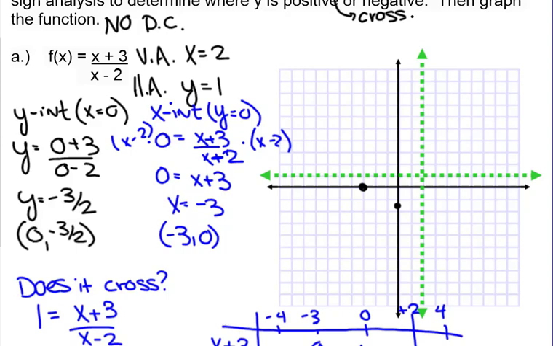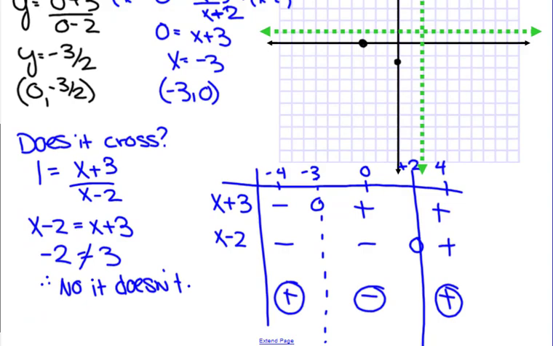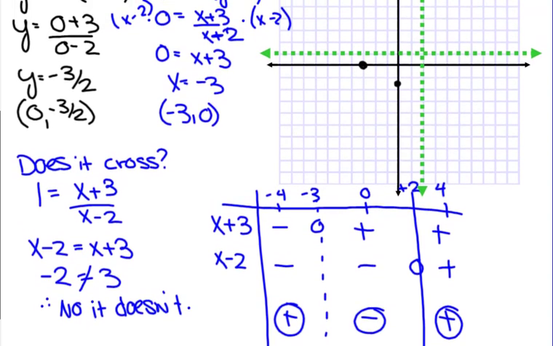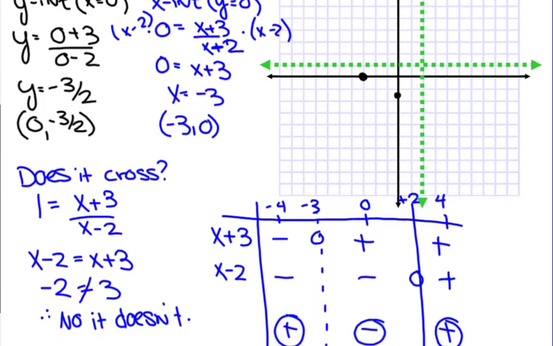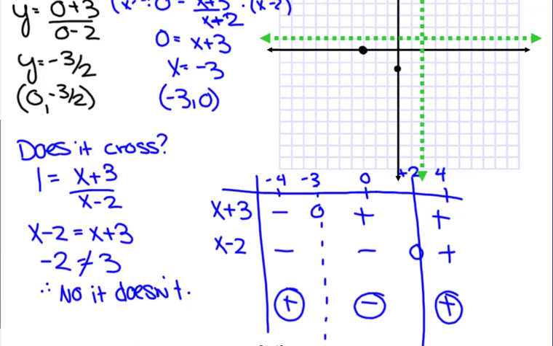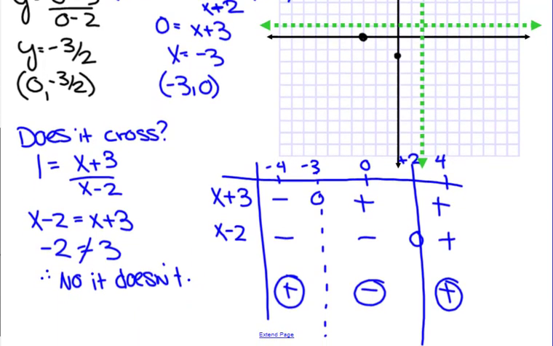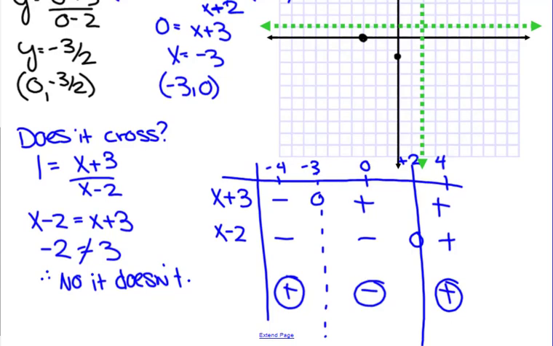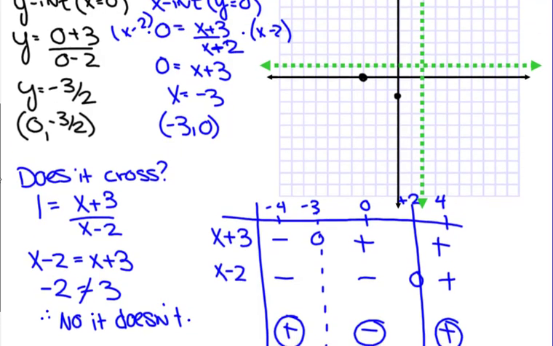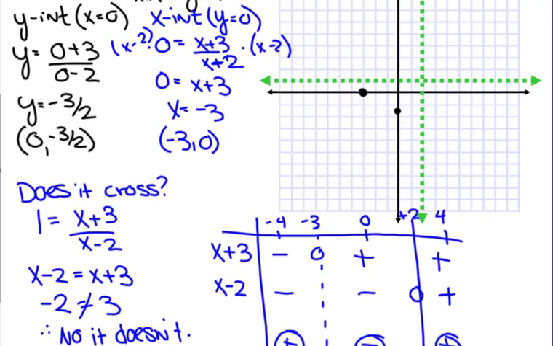So now we're going to use our sign analysis. So it's saying where our x's are less than negative 3, our y's are positive. Where our x's are between negative 3 and 2, our y's are negative, and so what that looks like to start, here's our negative 3 piece.